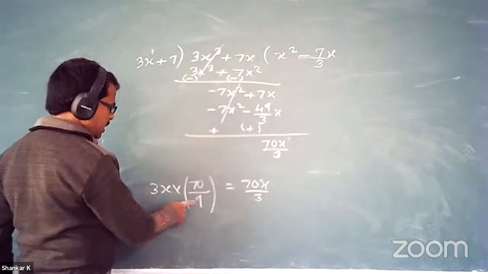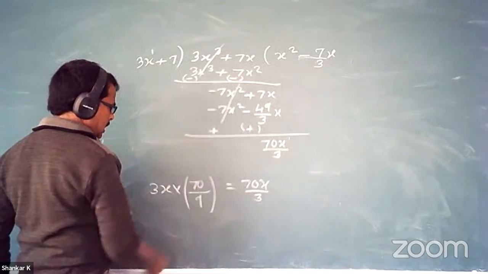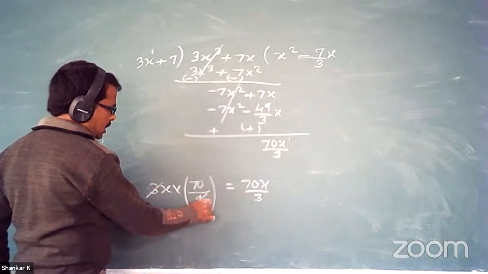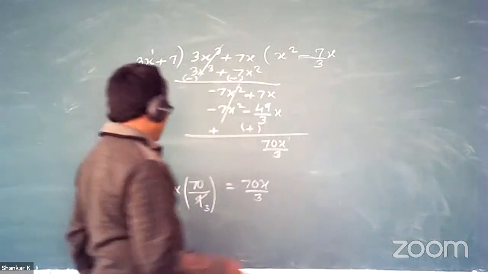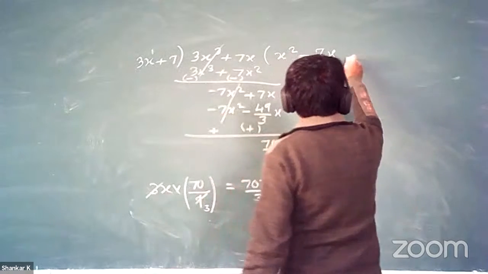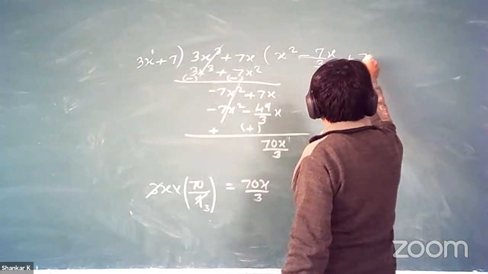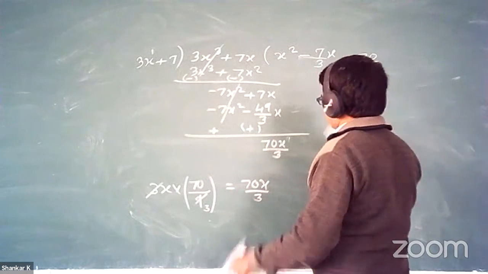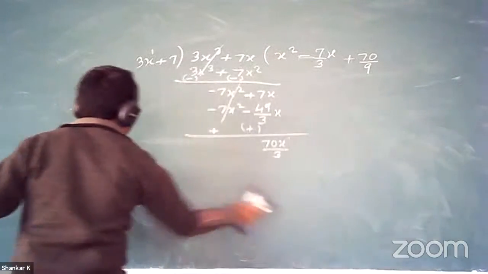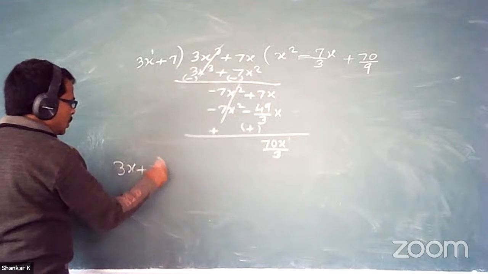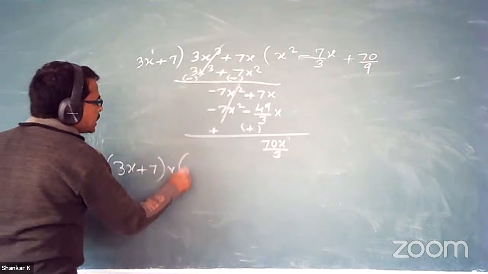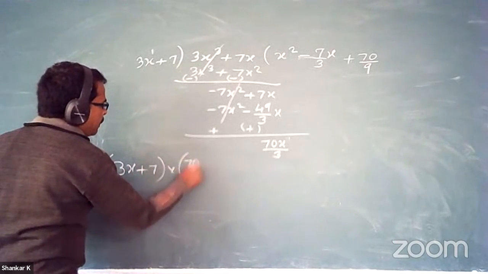If I multiply 3x by 70 by 9, I'll get this. Here 3 1s are 3, 3 3s are 9, 70 by 3. So what should be our next portion? It should be plus 70 by 9. If I multiply 70 by 9 to this, 3x plus 7 into 70 divided by 9.